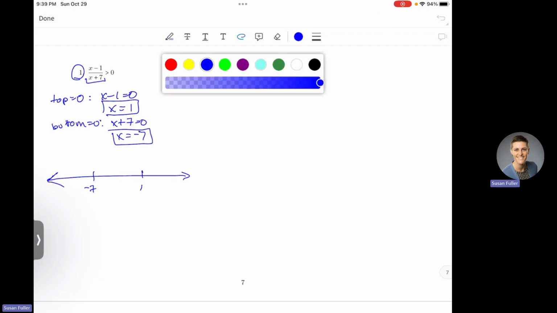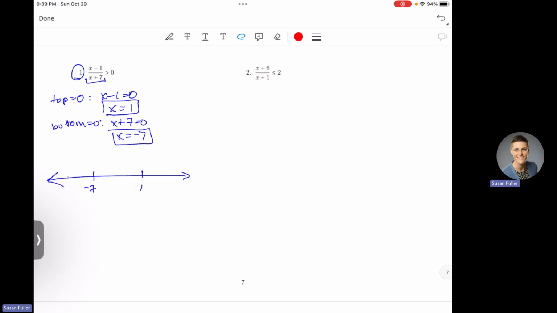And now we can start picking values in each piece. So my favorite number that's less than negative 7 is negative 11. My favorite number that's between negative 7 and 1 right now is 0. And my favorite number that's greater than 1 right now is going to be x equals 2.